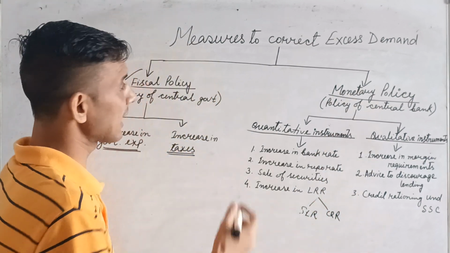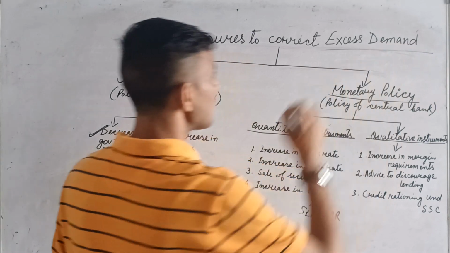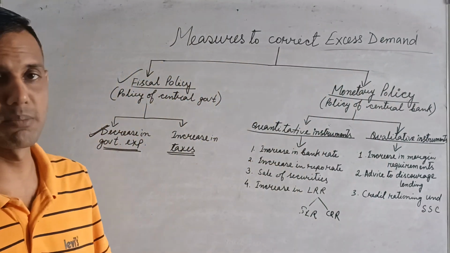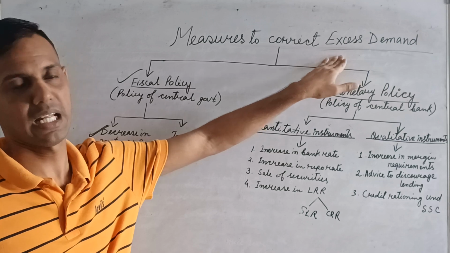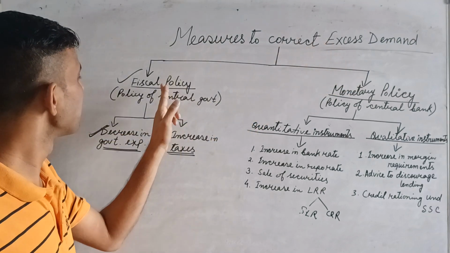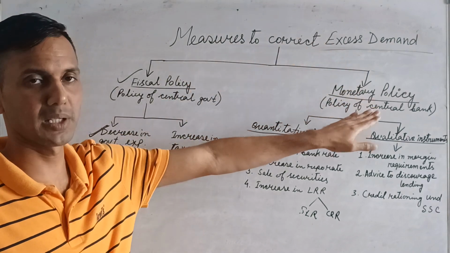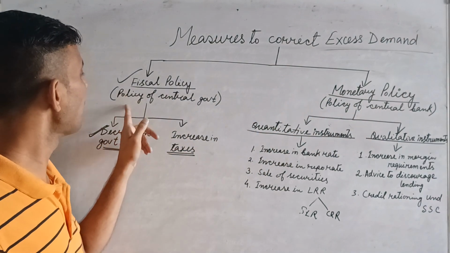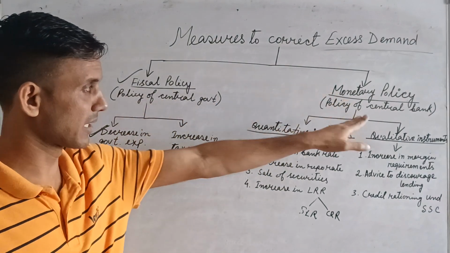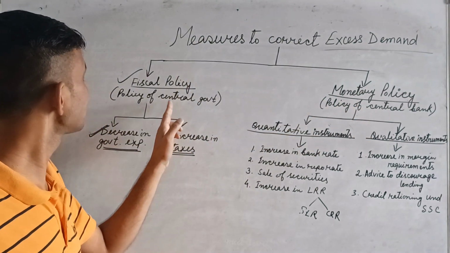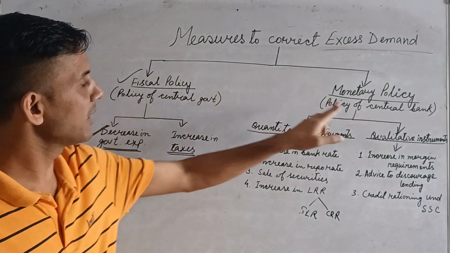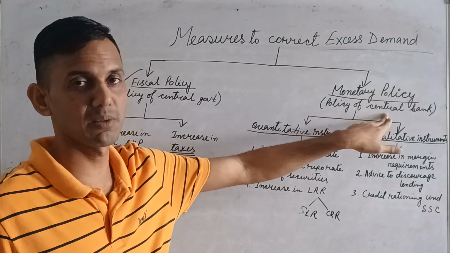So again, you see quickly how to correct excess demand. Excess demand means we know that AD is greater than AS. There are two policies, fiscal policy and monetary policy. Fiscal policy is the policy of the central government, and monetary policy is the policy of the central bank.